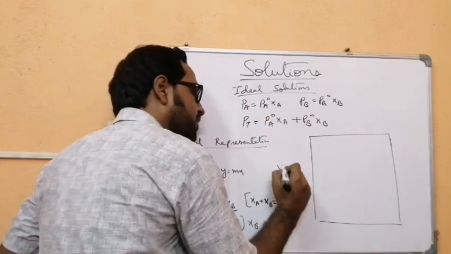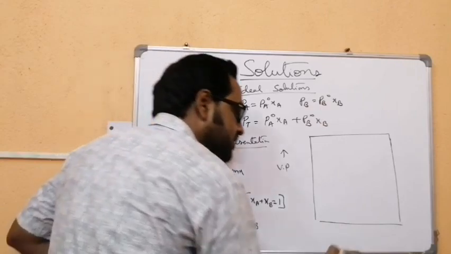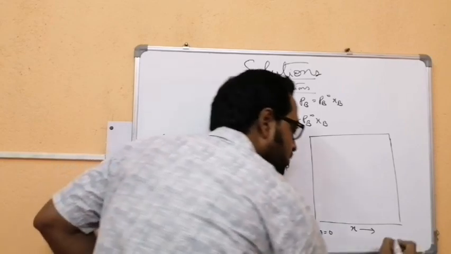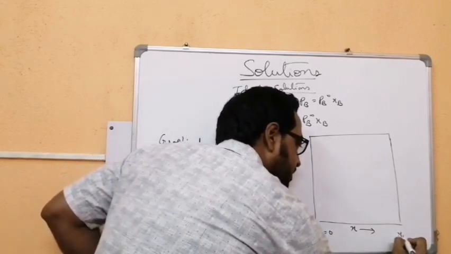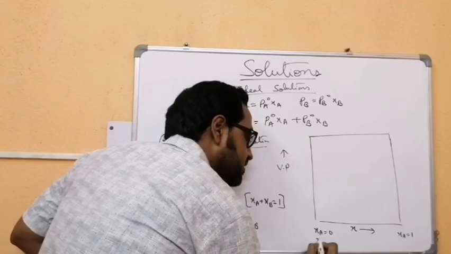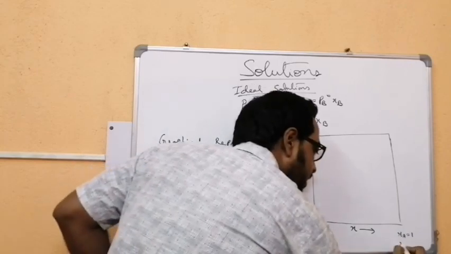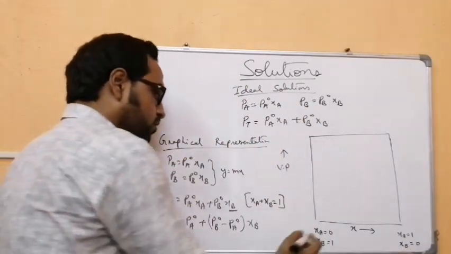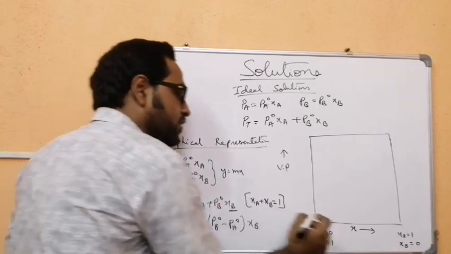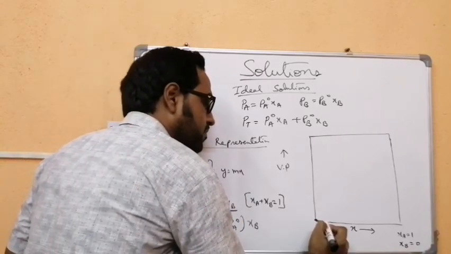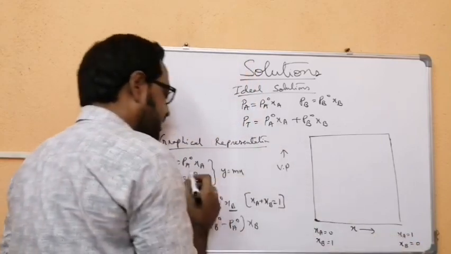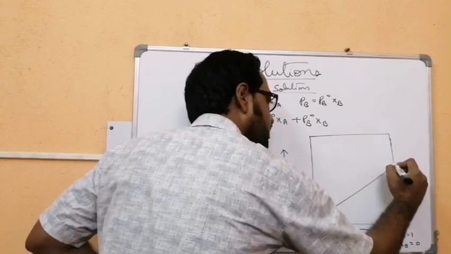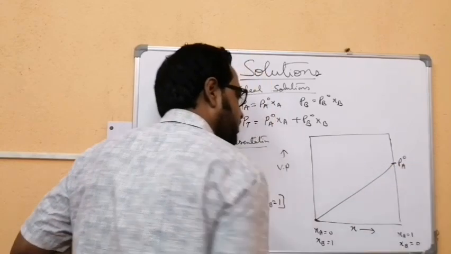Now we plot vapor pressure on the y-axis and mole fraction on the x-axis. XA has a minimum value of 0 and a maximum value of 1. When XA is 0, then XB is equal to 1, and when XA is 1, XB is equal to 0. So put XA equal to 0 in this equation, you will get a point here. And when XA equal to 1, you will get a point on this line, and this point is equal to PA naught.